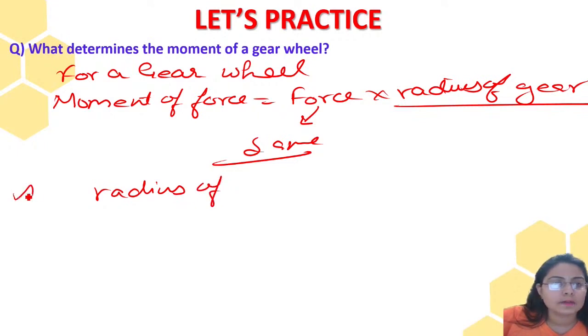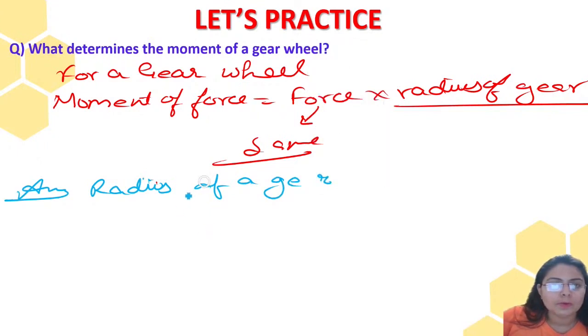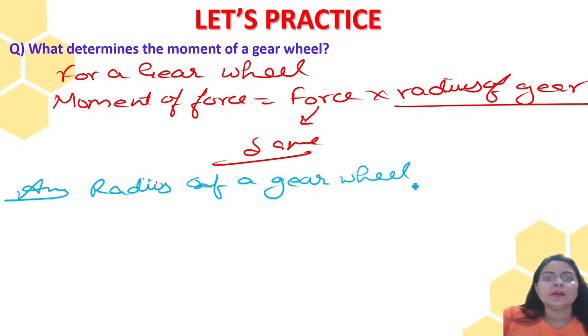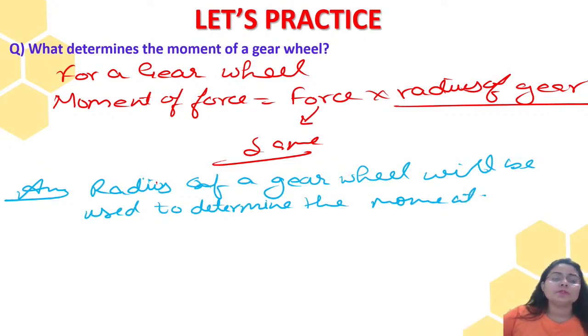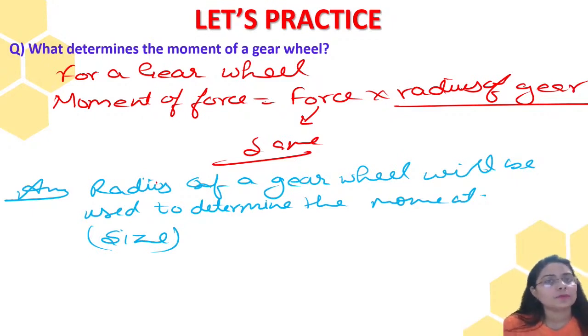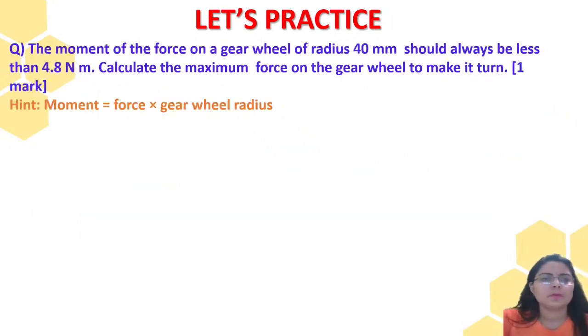The radius of a gear wheel is going to determine the moment, or we can say the size, because if the radius is higher, the size will be higher. If the radius is smaller, then obviously the size will be smaller. So we can say that what changes the moment of a gear wheel is the size of the wheel, or you can say radius. Both are similar, and can be used both ways.